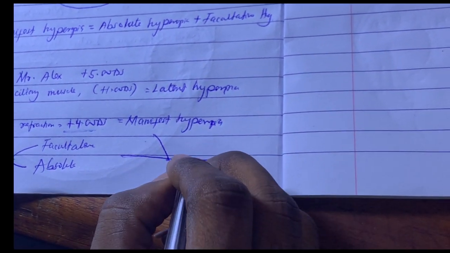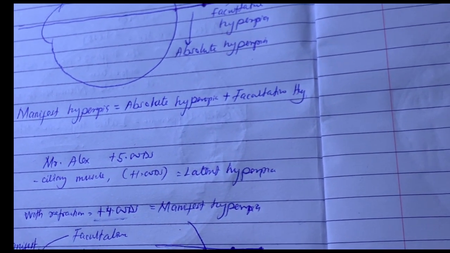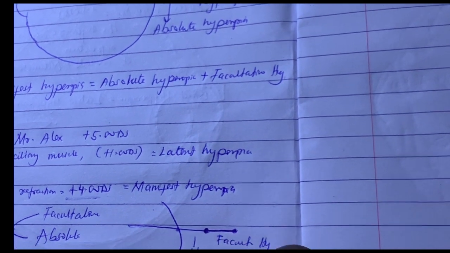The amount left that cannot be brought to the retina is called the absolute hyperopia.